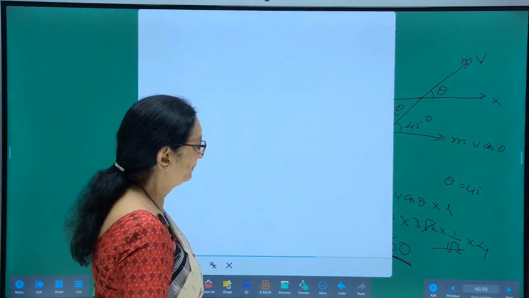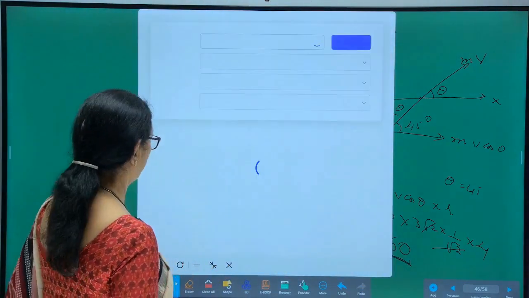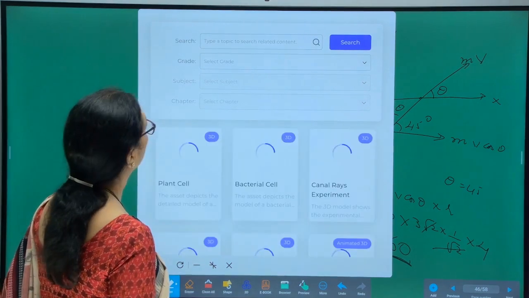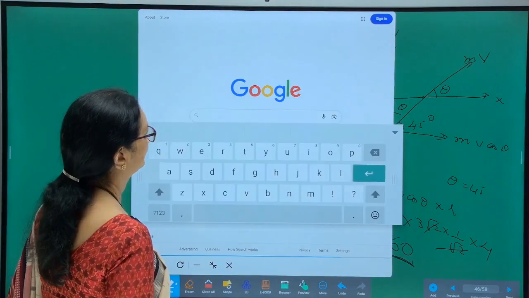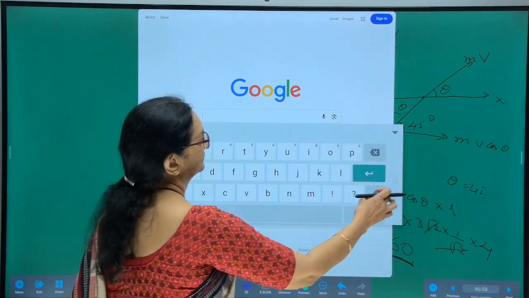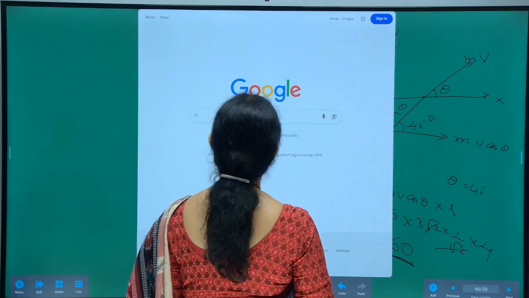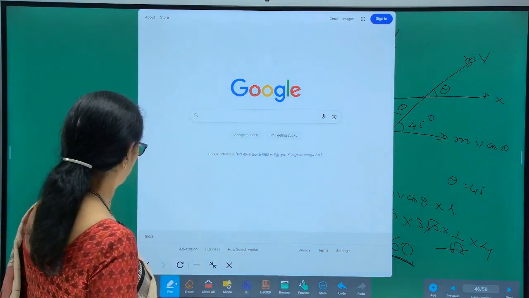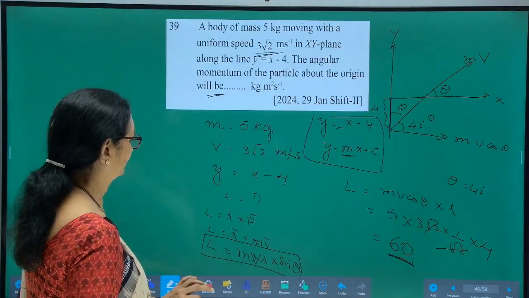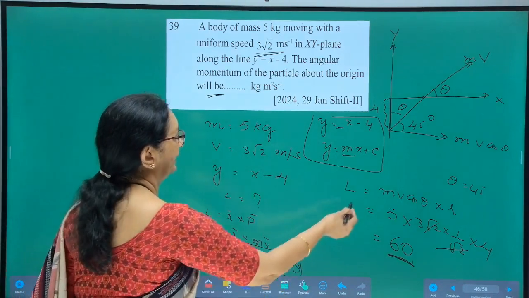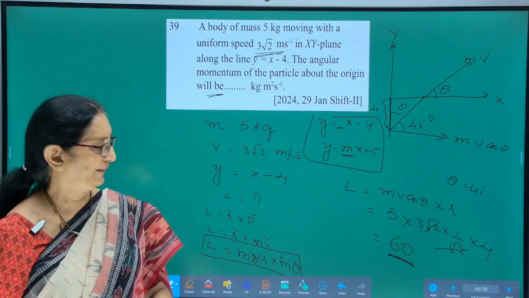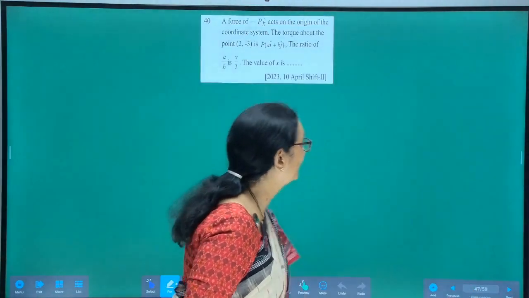Is it okay? So here L is equal to 60. Move on to the next problem.